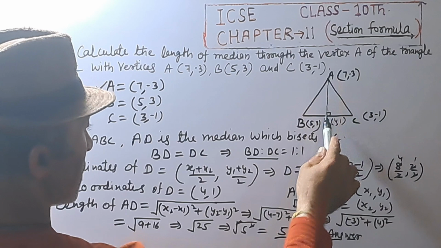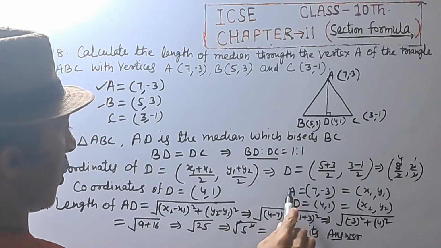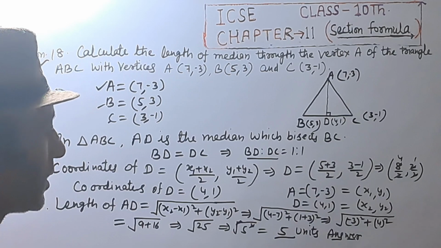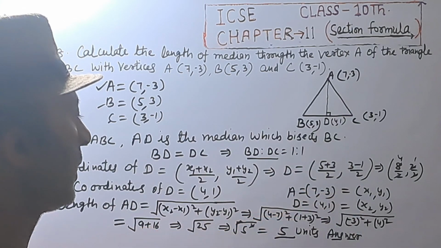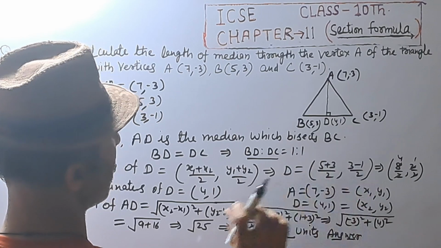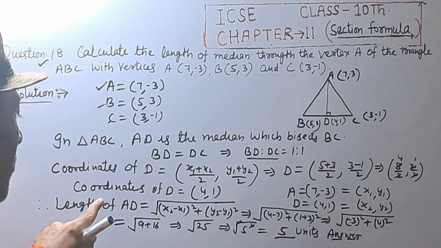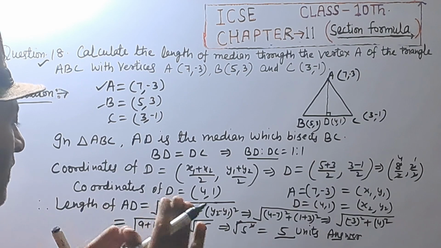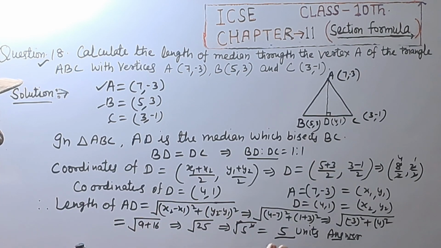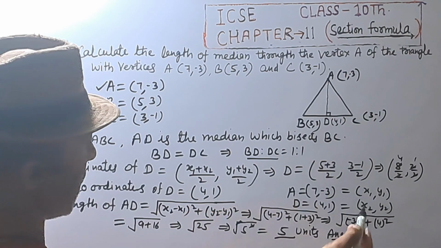And we find the length of AD. Point of A is (7, -3), that is x1, y1, and point of D is (4, 1), x2, y2. Length of AD by using the distance formula, that is root of (x2 minus x1) square plus (y2 minus y1) square.